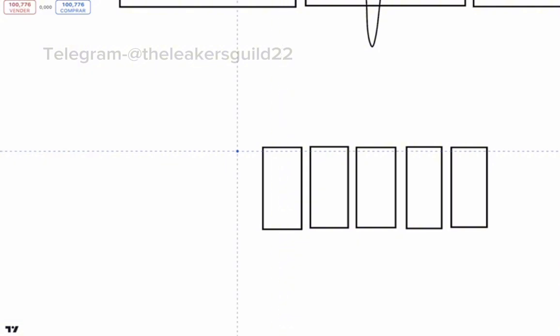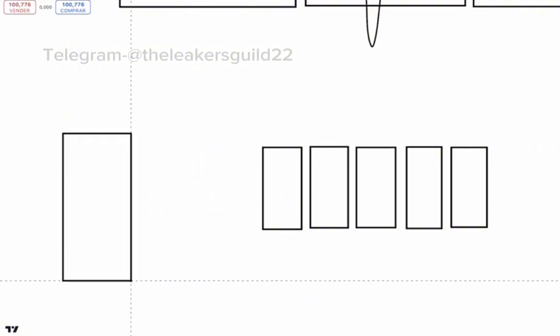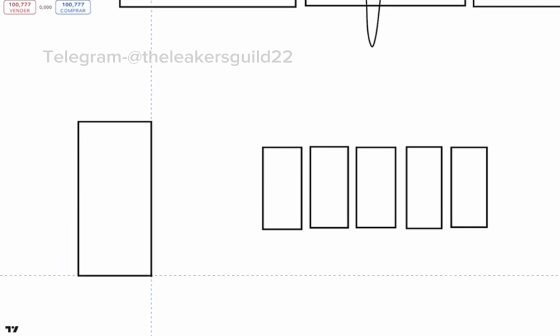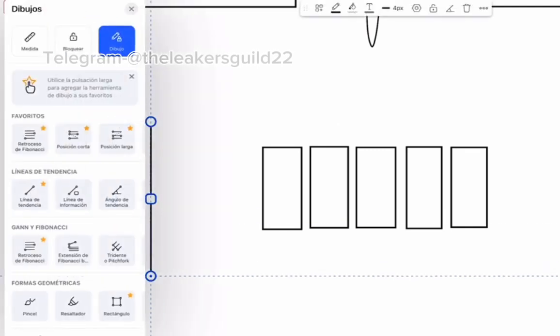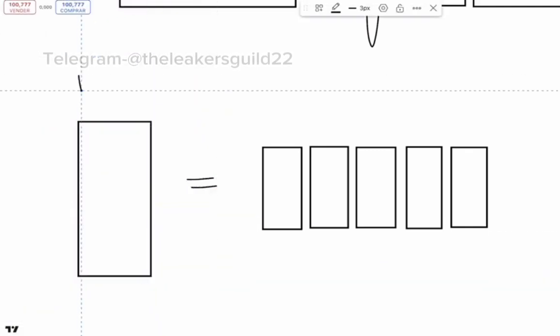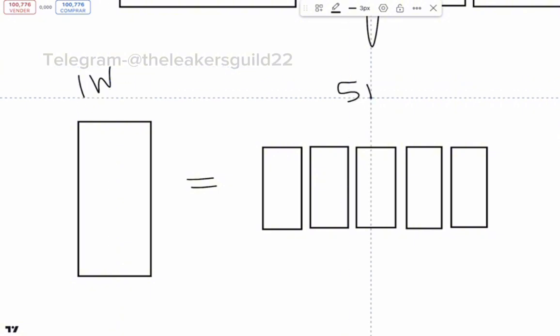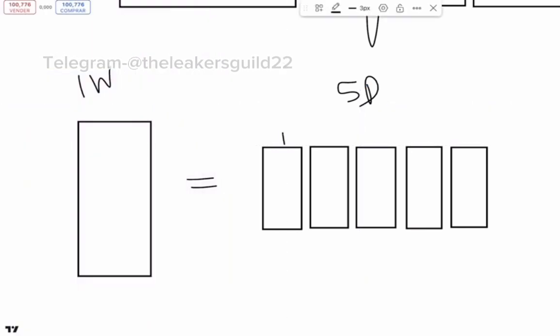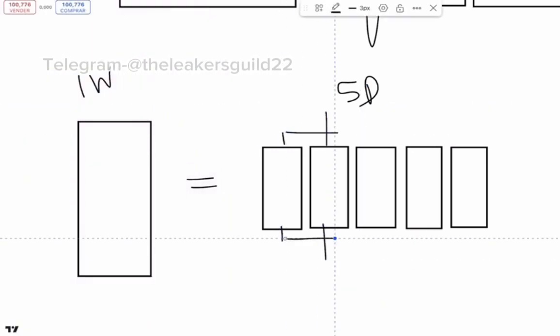This is one weekly candle, which is 5 daily candles, all right? One week, 5 daily candles, all right? You're looking to find a CRT within these 5 daily candles, right?